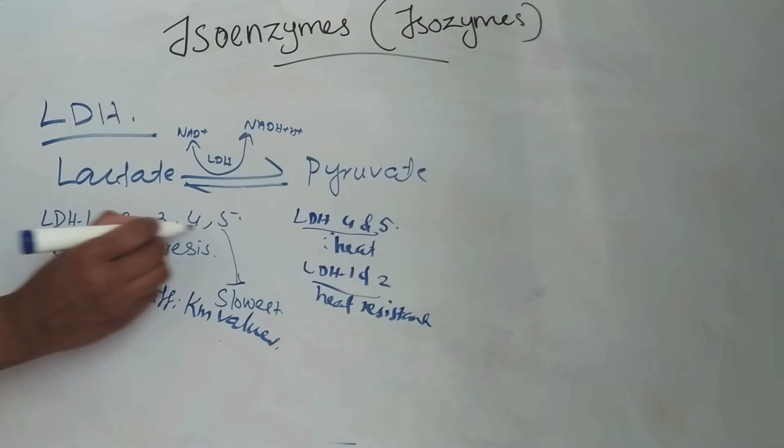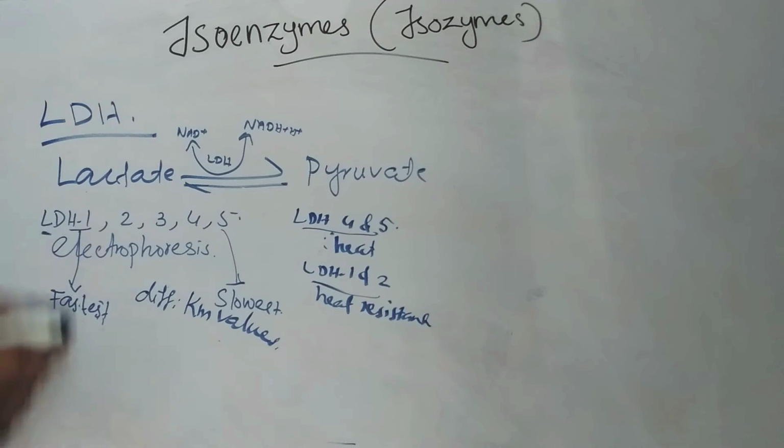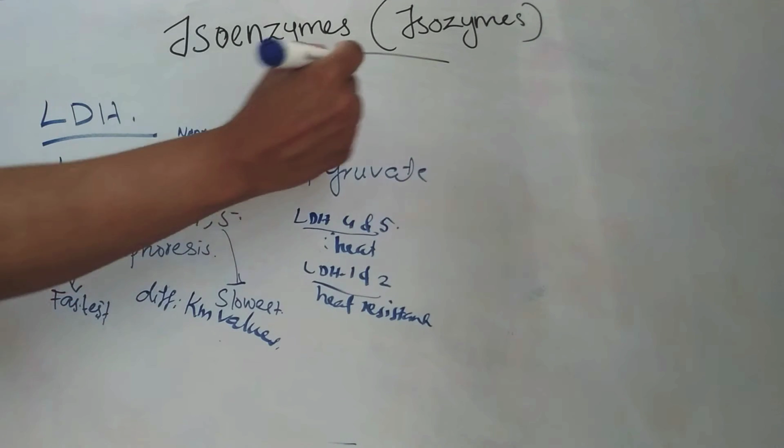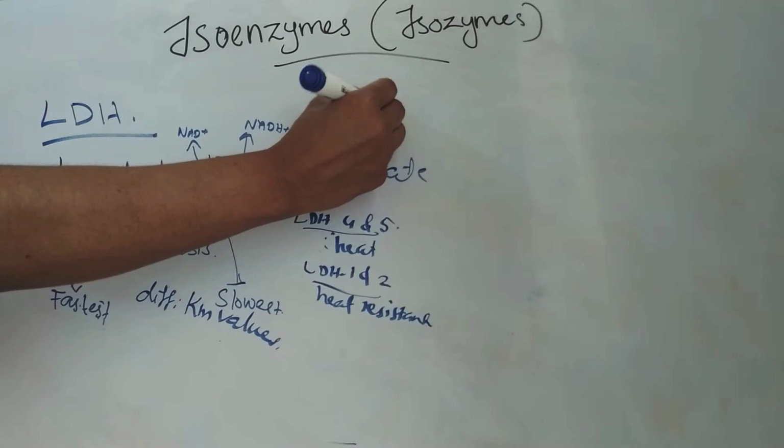So mainly 5 isoenzymes are there. Then a sixth atypical isoenzyme is found in male genital tissues, known as LDHX.